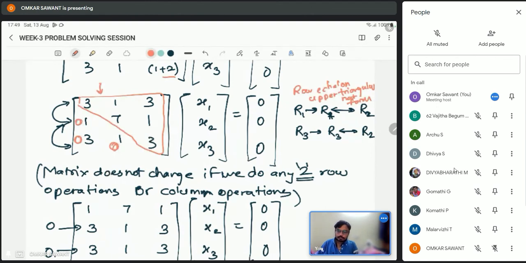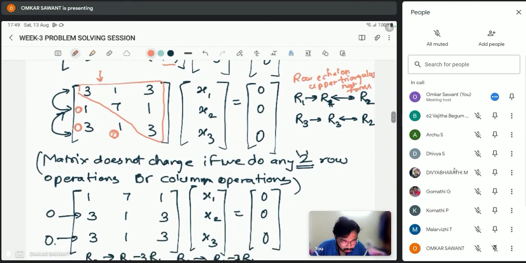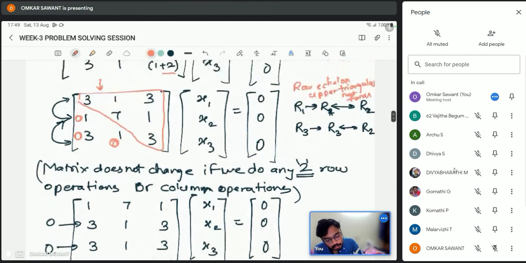Are you following? Yes, sir. In upper triangular matrix we make the first element 1, then 0, 0. We have already one. If we do the row operation and simply swap the rows, it will still work.